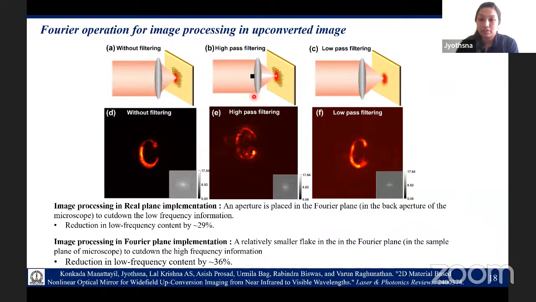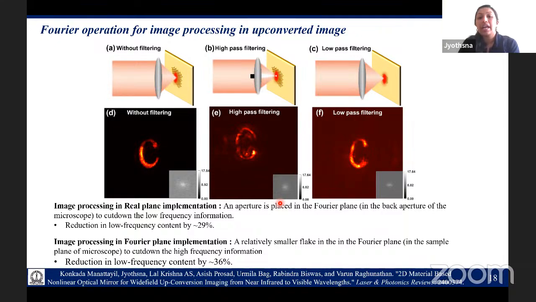This image shows the representation of that, and you can see that as we cut down the low frequency components, you can see the enhanced edges, the enhancement of the high frequency component in the image.